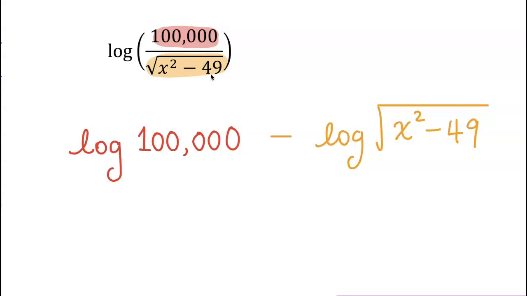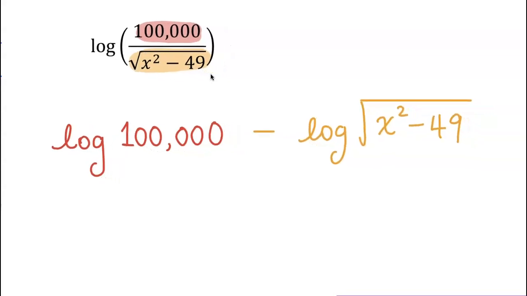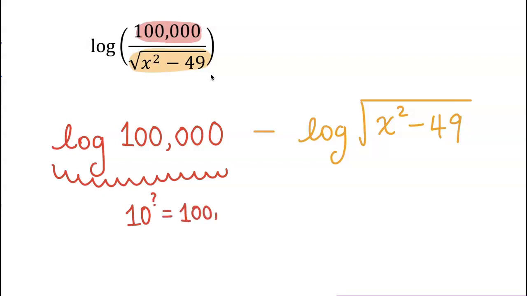All right, let's talk about these two. They're a little different. The first part, the red one, we can evaluate, okay? That's a common log. So basically, they're asking 10 to the what power is equal to 100,000. And let me count how many zeros we got. We got 1, 2, 3, 4, 5.